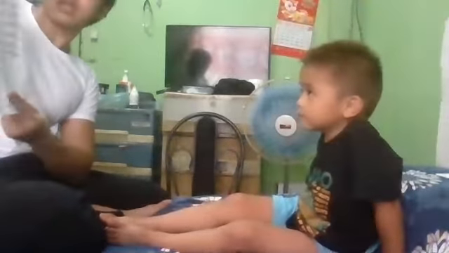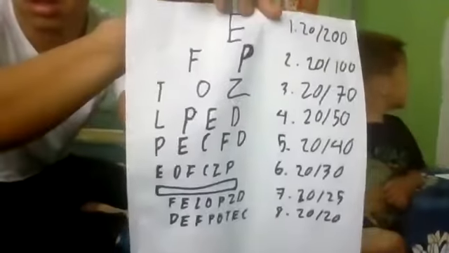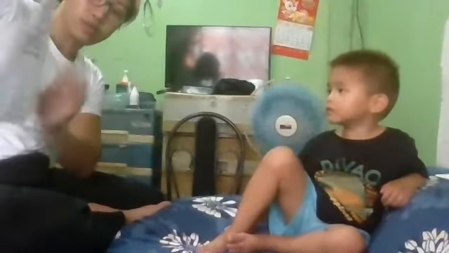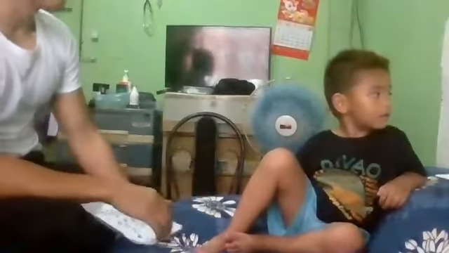The first line is 20/200. Then the second line is 20/100. The third line, sir, is 20/70. Sir, tingin ka po. 20/40. Sir, good findings, sir, within your vision. It is 20/20, sir.